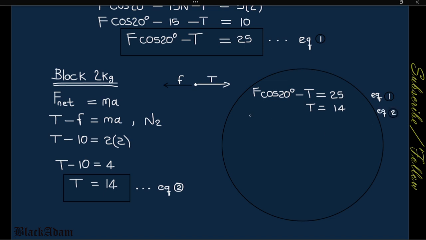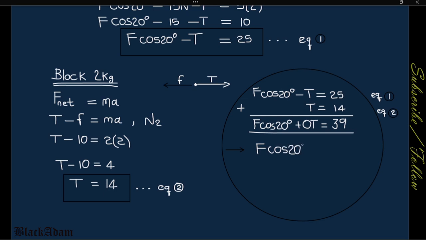With that in mind, we add everything. Remember, when we add, the tension cancels out, so we have 0T. That gives 0T is equal to 25 plus 14, which is 39, plus F cos 20 degrees, and the T terms are 0, so it's 39.